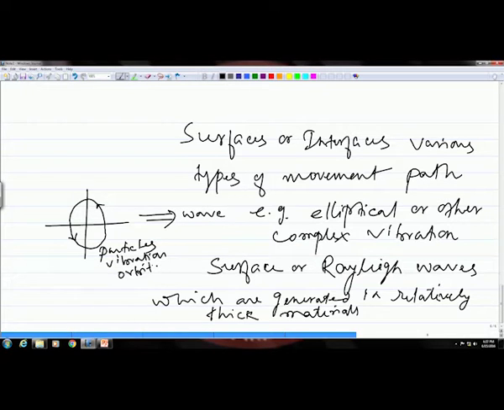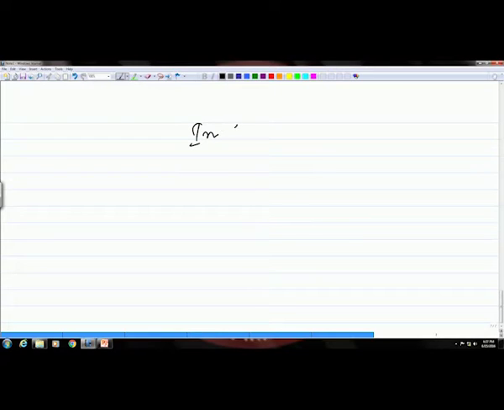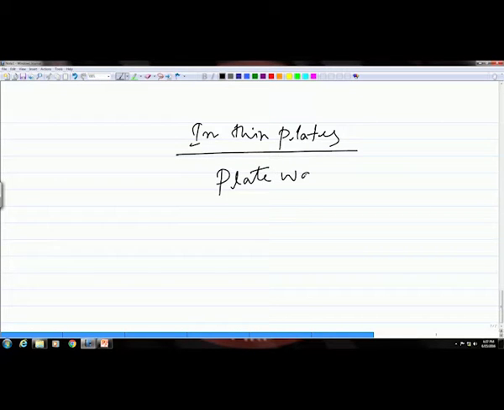Okay. And in thin plates, you could have some other type of waves being generated, which are known as plate waves. And this can be further divided into two categories. One is known as Lamb and the other one is known as Love. Okay.